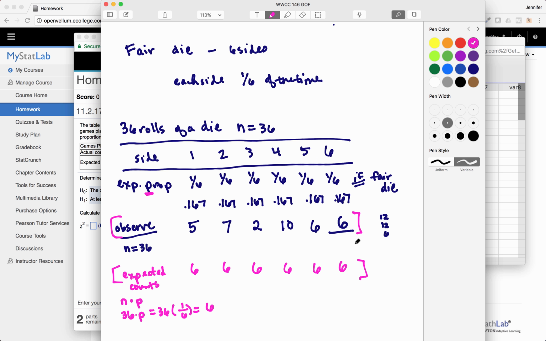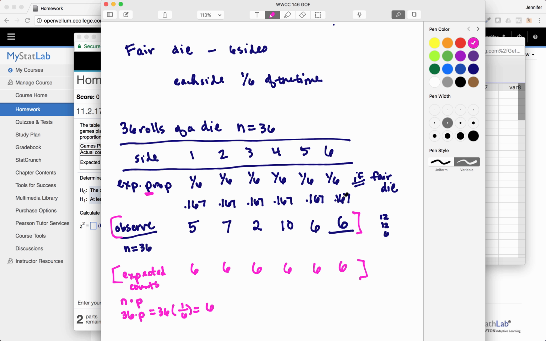You can think of this as how well our data fits the expected proportions. Now, different problems will give you different proportions. This example happens to have all equal proportions, but in some problems, you only have percentages. They give you 2%, 5%, 10%, and it had better all add up to 100%.